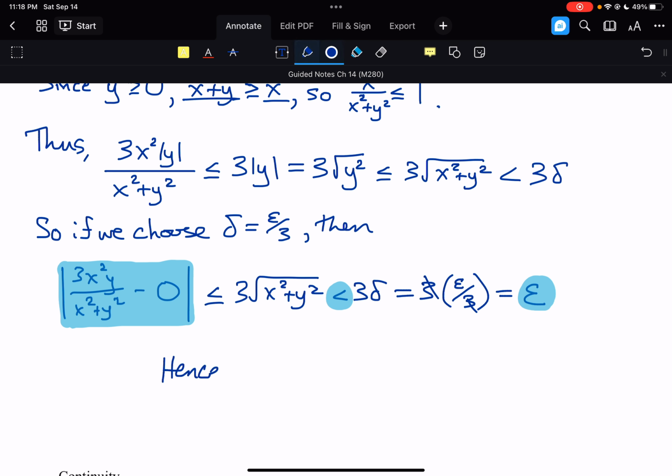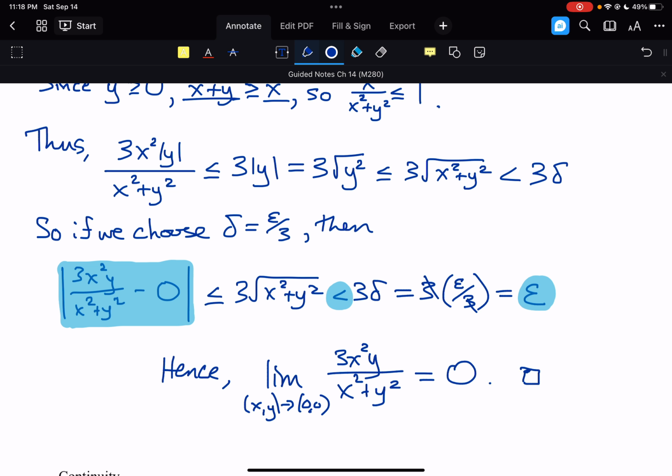So hence, the limit as (x, y) approaches (0, 0) of 3x squared y over x squared plus y squared equals 0. And that would be the end of the proof.